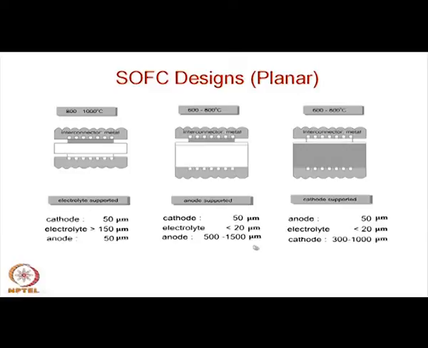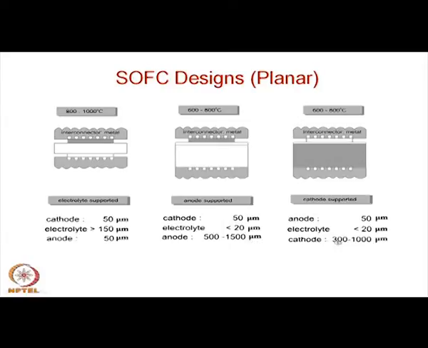The dimensions are given here: the cathode is about 50 micron, the electrolyte is more than 150 micron, earlier we have seen more than 200 micron, so it varies between 150 to 200 micron. Electrolyte is less than 20 micron here, whereas anode is much larger, almost 0.5 to 1.5 millimeter in thickness.